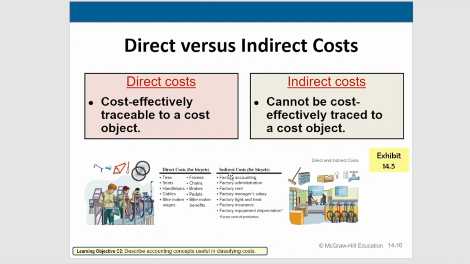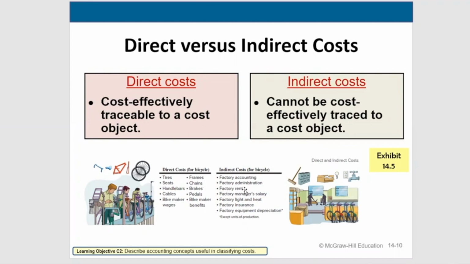Now, these things over here on the right, these indirect costs, these are just things that it costs to run our business. You know, the accounting and the factory administration, the rent on the factory building itself. If we don't own it, we just rent it. Obviously, if we stop paying our rent, we won't be able to make any more bikes. So this is a very essential cost, but we can't really say this much rent went to that bike or this bike.